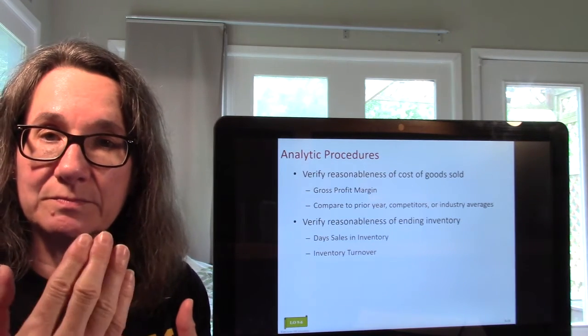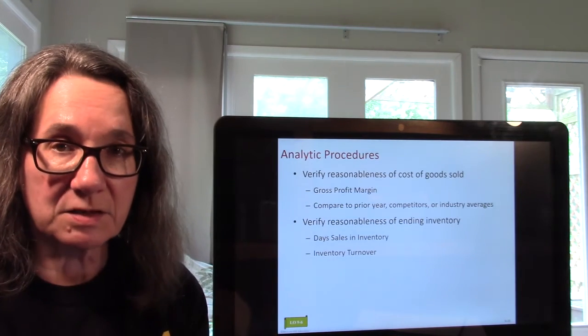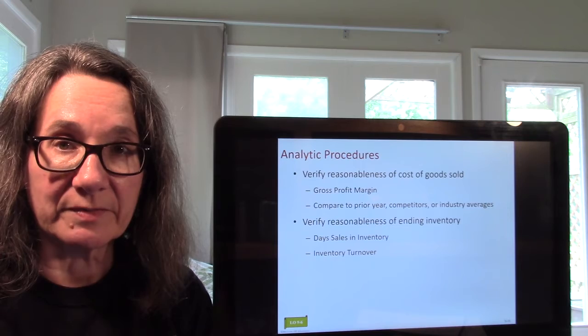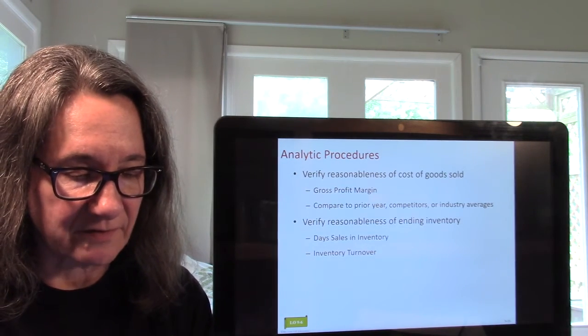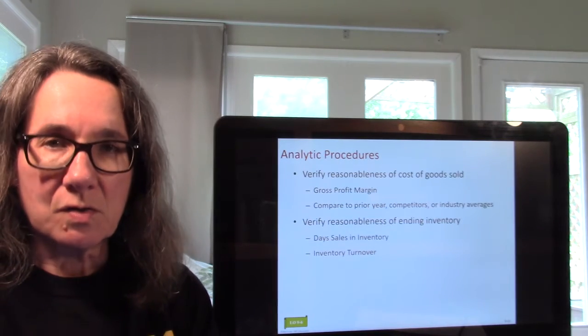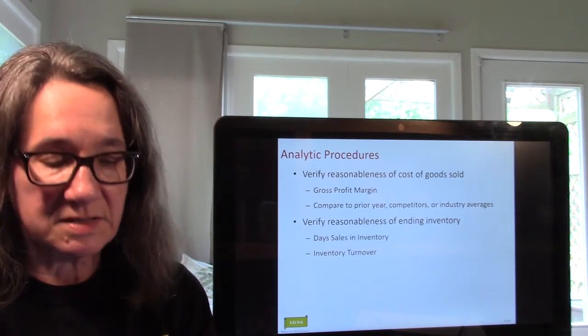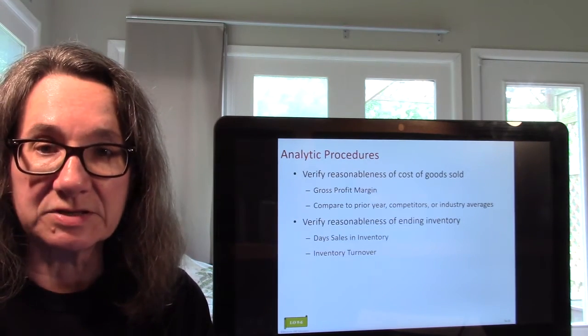It might be their price is too high, so they need to lower what they are carrying it at on the books, something like that. So you can verify. There are a lot of analytic procedures, but typically comparing to other organizations or prior years, and looking at their inventory turnover can tell you about the valuation.